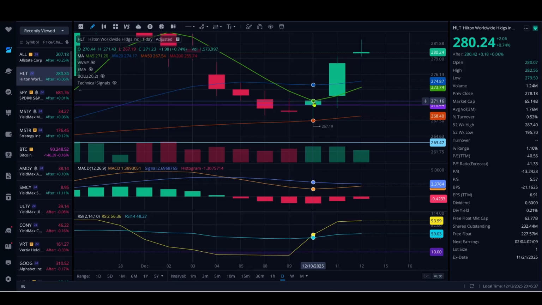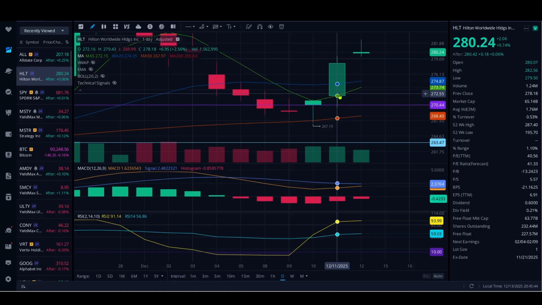I could keep with the idea of following the MA5 and being one candle behind, okay? I could move it to this spot right here, and that would be 272.15. Or, given there is so much of a gap between the bottom of this candle and the MA5, I could pop it up to right here and set it at 273.74.